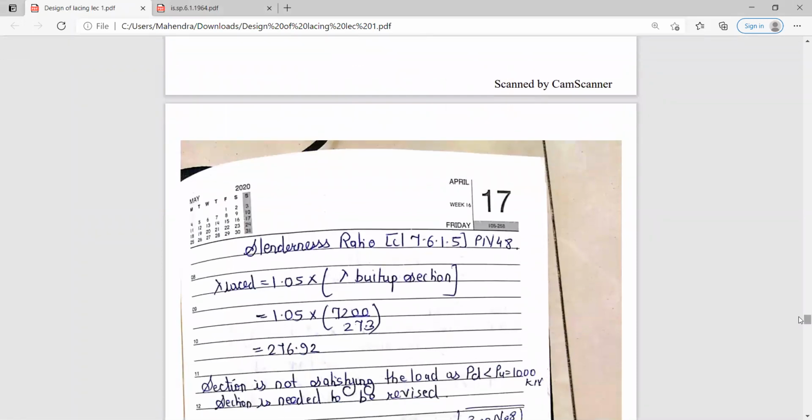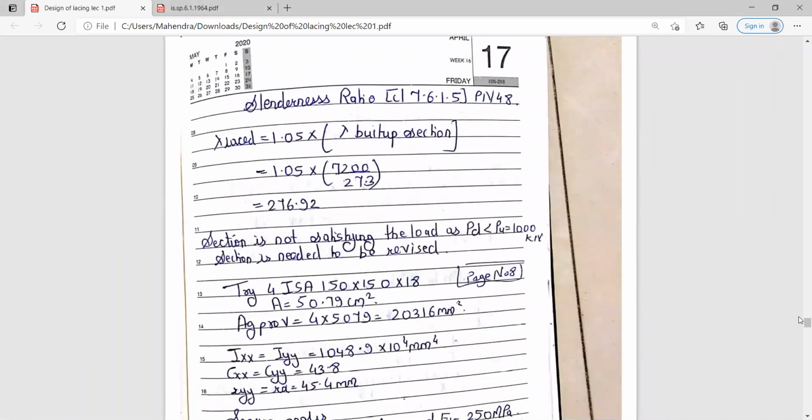So for slenderness ratio, again we need to refer to your IS code page number 48, that is clause number 7.6.1.5. From that, what do you need to calculate? Lambda least you need to calculate, that formula is given to you, that is 1.05 into lambda built up. So 1.05 into lambda built up. Lambda built up is nothing but 1.05 of lambda built up section.